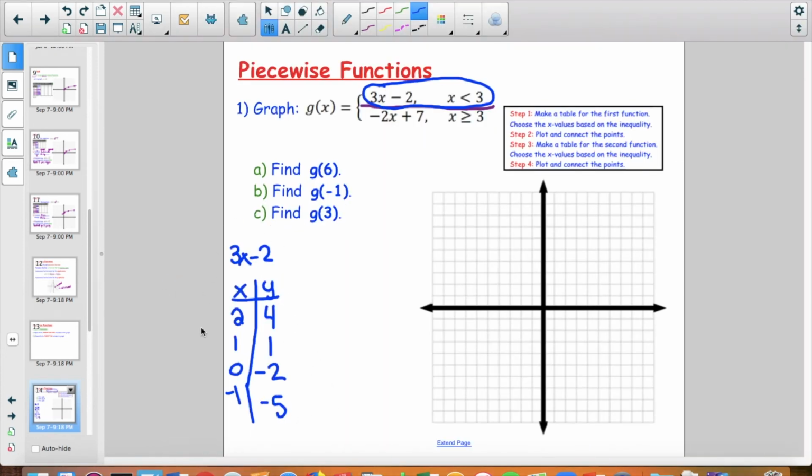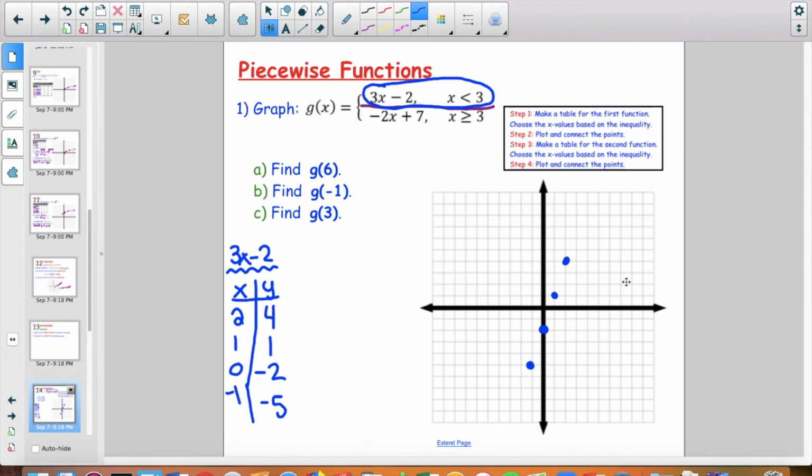So this is our first graph. So I'm going to graph this one. So we have 2 and 4, 1 and 1, 0 and -2, and we have -1 and -5.